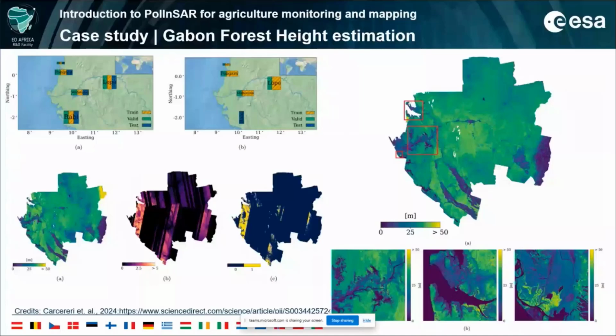This model demonstrated very strong performance, with a bias of 12 centimeters in estimating the forest height. And it produced a country-scale canopy height map at 25 meters resolution. So it is quite a potent tool.